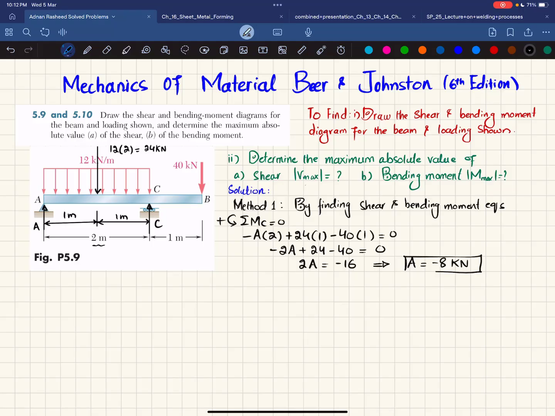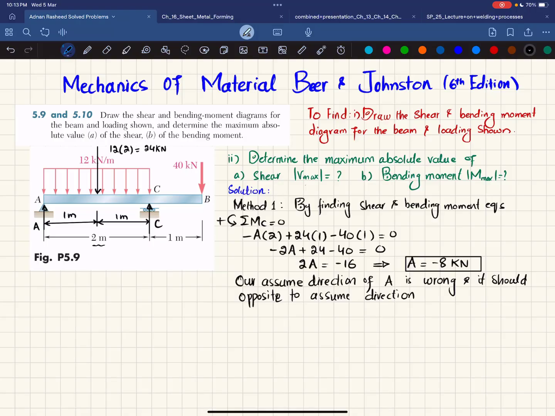Now our answer is negative, so it means that our assumed direction of A is wrong, and it should be opposite to the assumed direction. So what I will write is that A will be equal to 8 kilonewton, and the direction will be downward.